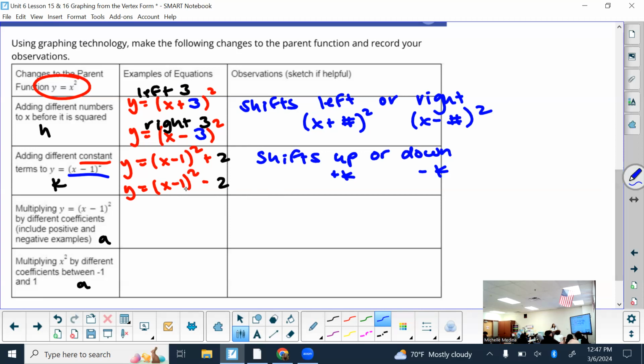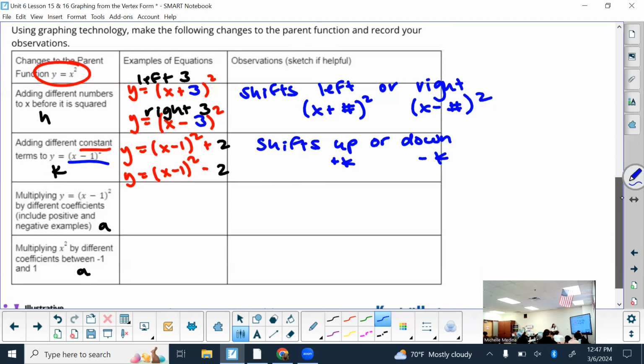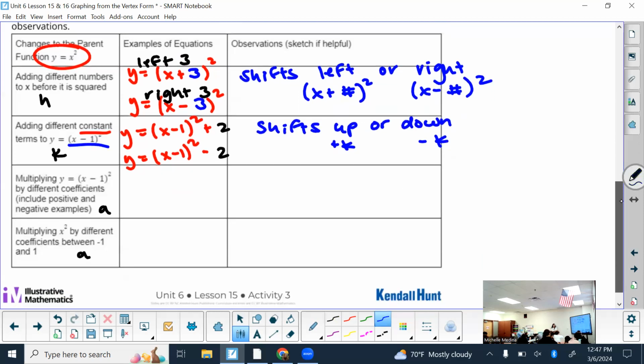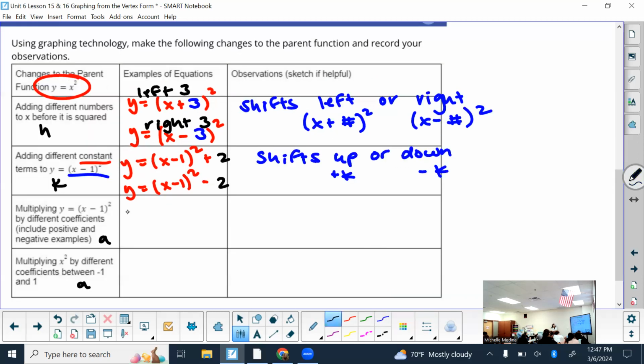You're going to notice it moves up or down however many you put. So here it goes up 2, here it goes down 2. Table 3, what about when we multiply different coefficients by this expression? What's something you chose to multiply it by?